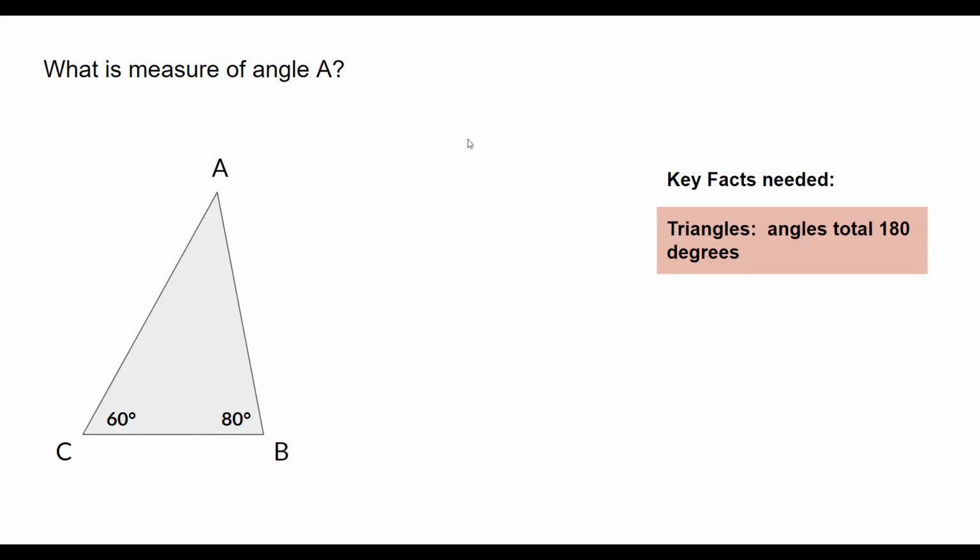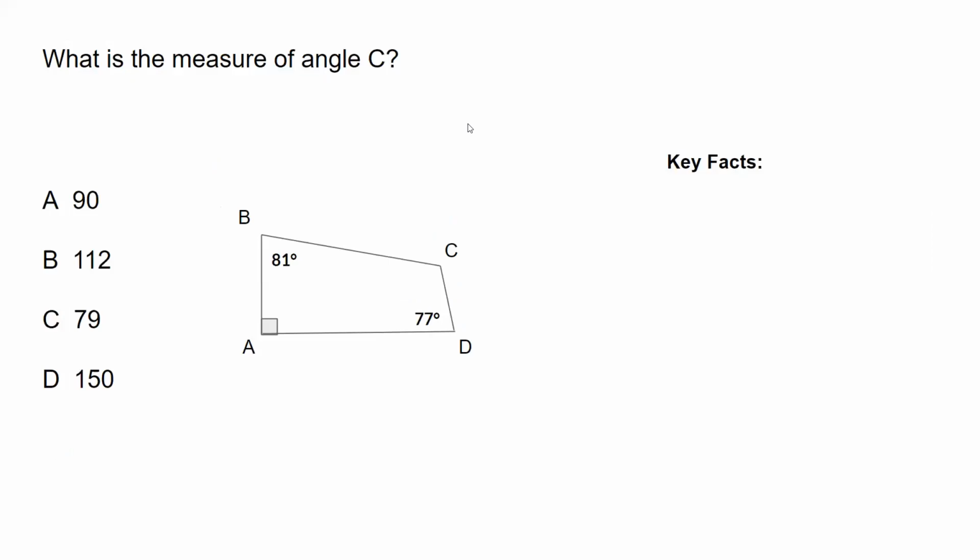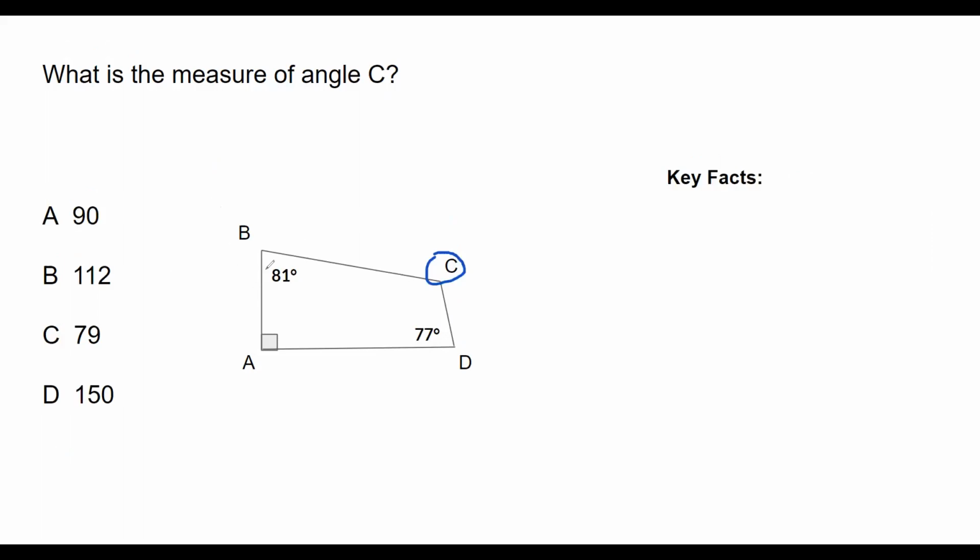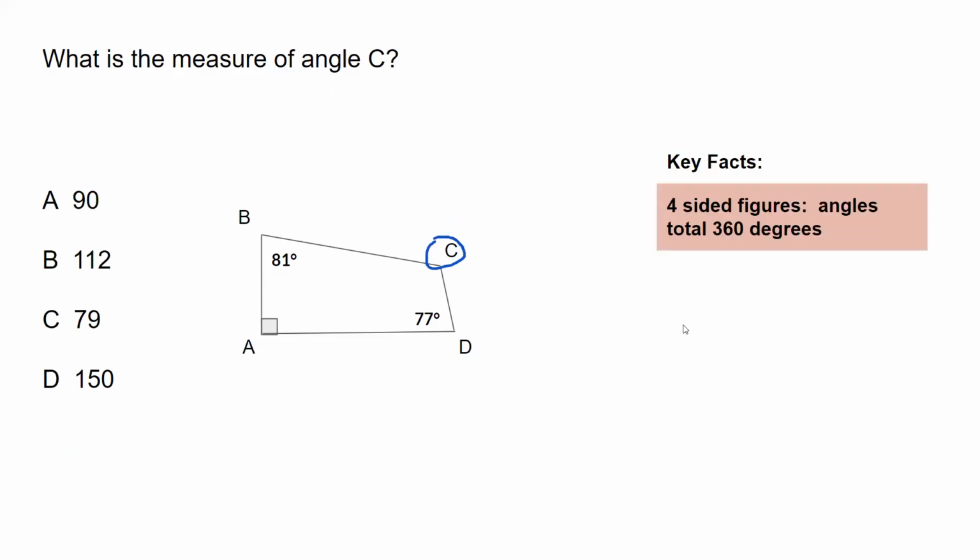Let's move on to a similar kind of problem with a four-sided figure. What is the measure of angle C? So when they refer to angle C, we're talking about this corner. And we can see that we know angle B is 81. We know angle D is 77. What about angle A? Well, there's another fact that we need to take into account here.